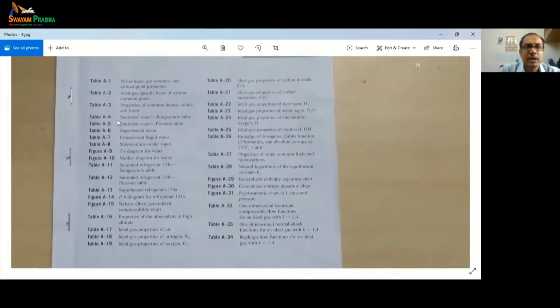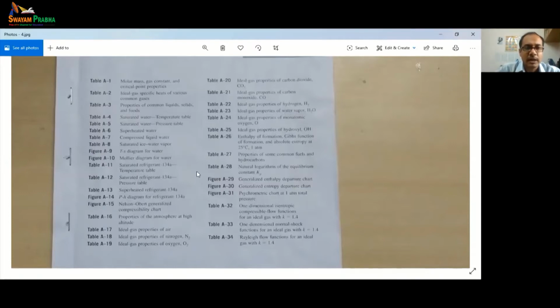For example, Table A4 is a saturated water table, and it is a temperature table, meaning the tabulation is done temperature-wise. Another example is Table A11, which is saturated refrigerant 134a, and that is again a temperature table. From all these tables we can find numbers which are useful for our analysis.